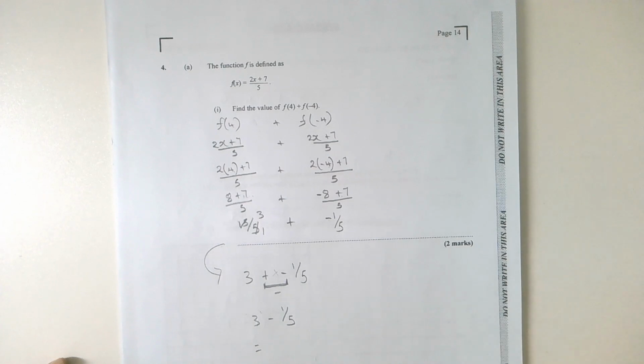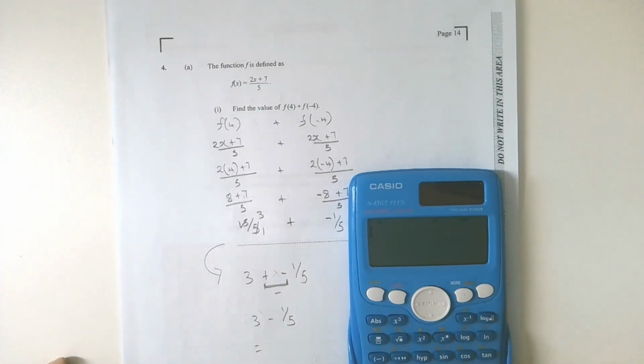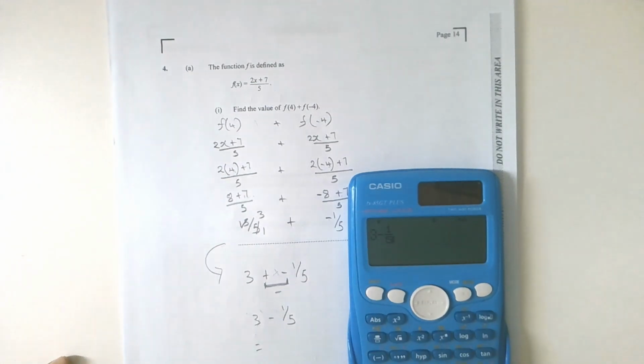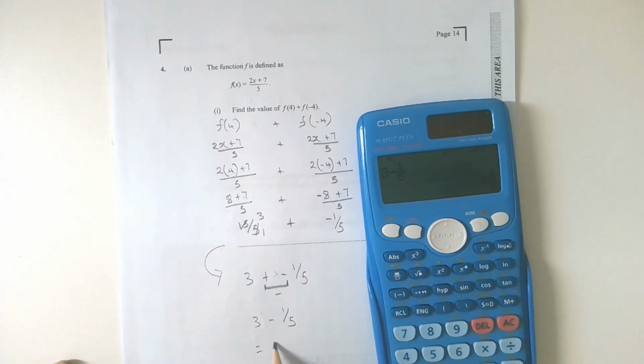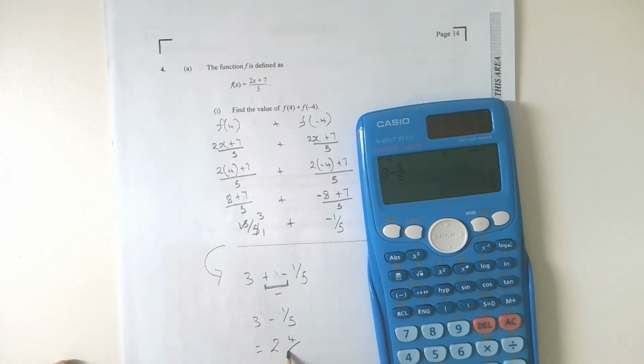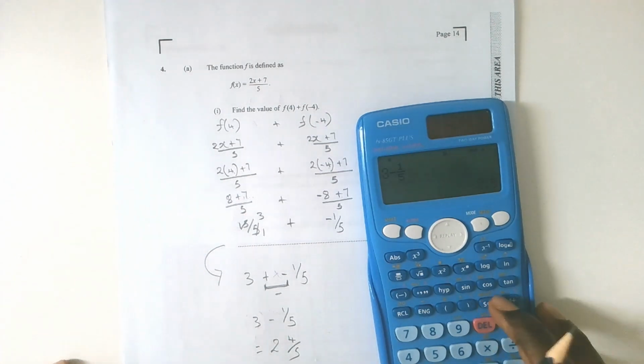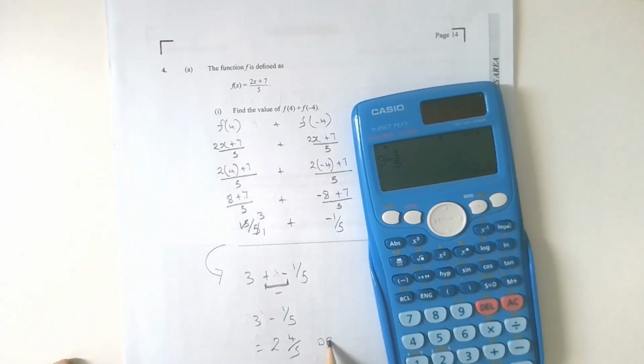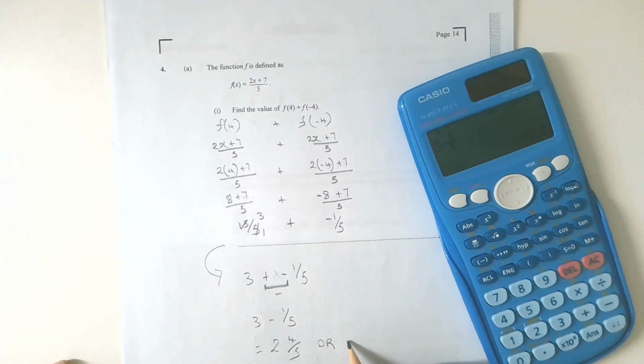And putting that into our calculator, 3 minus 1 over 5 is going to give us 2 4/5, or 2.8 as a decimal.